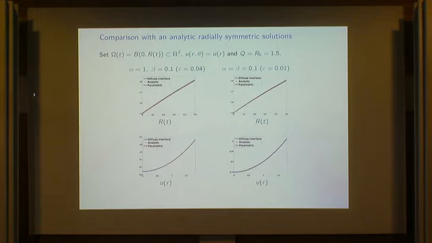So if we take the simple case, still in R2, where our boundary gamma is just a circle, which is either growing or shrinking, and we keep this radially symmetric solution, then we can solve the Laplacian of U with the Robin boundary conditions.